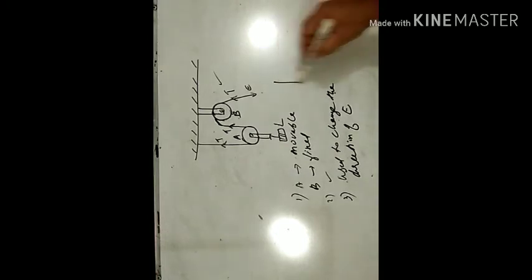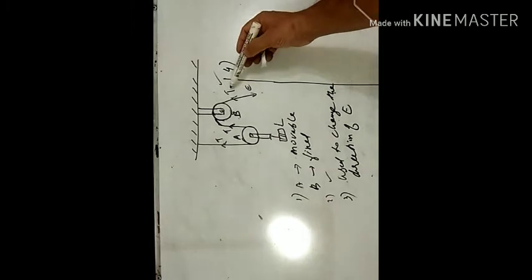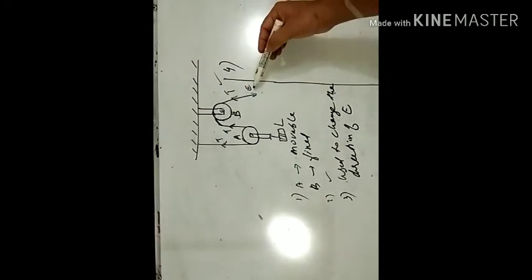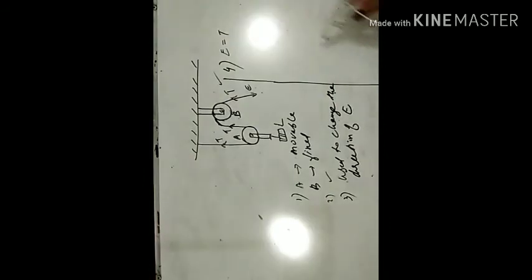Now coming to the fourth part of the question. If the tension is T, deduce the relation between T, E and L. What is the relation between tension and E? Again, look at the figure. When the pulley is in equilibrium position, when it is not rotating, effort will be balanced by T. Therefore, E is equal to T. This is the relation between effort and tension.